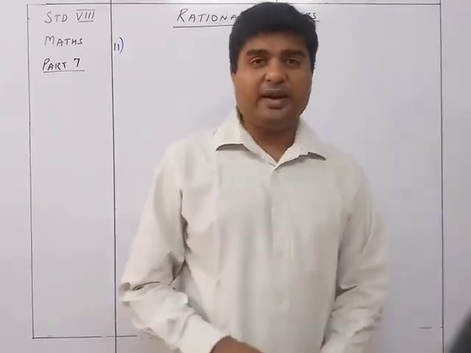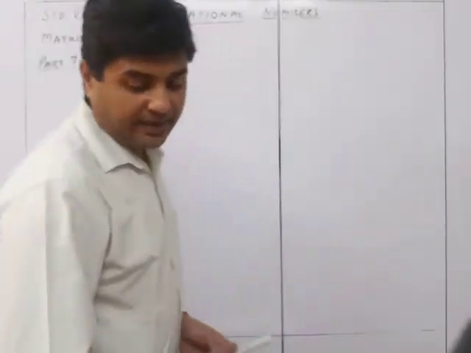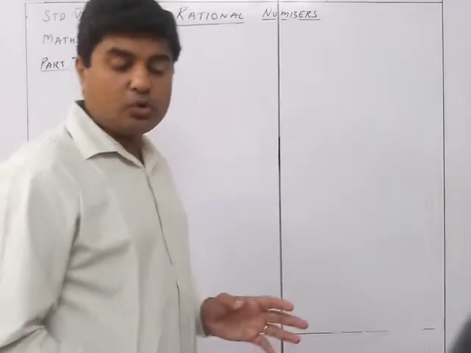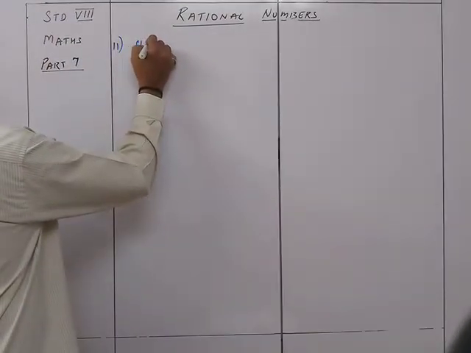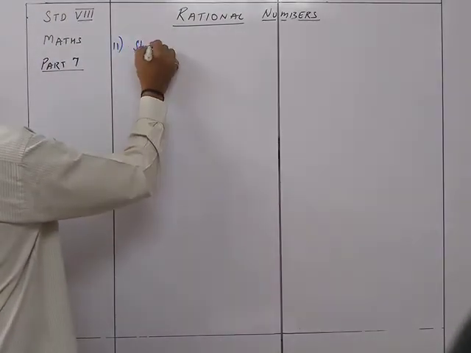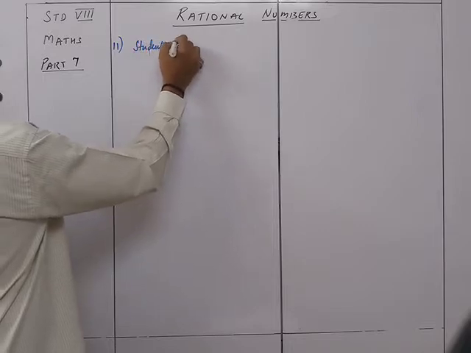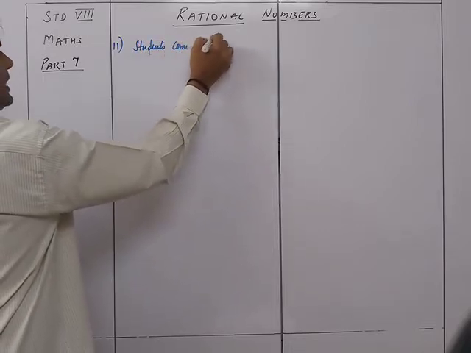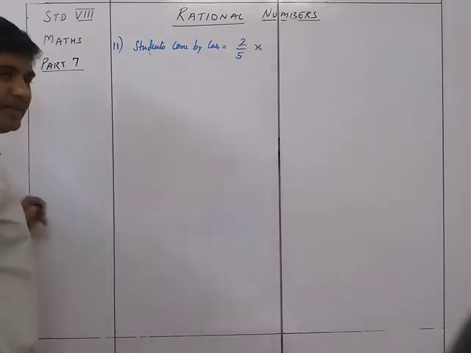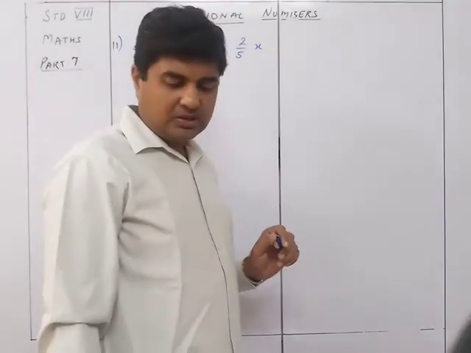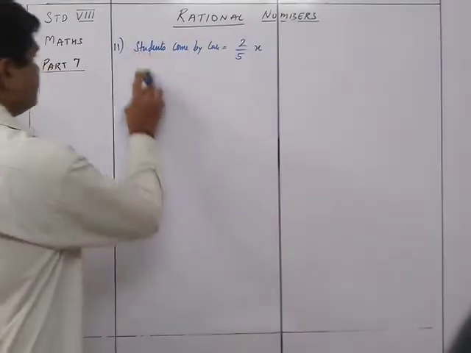So first of all we are told that 2/5 of the total number of students come by car. We'll take the total number of students to be x. So we'll write that.